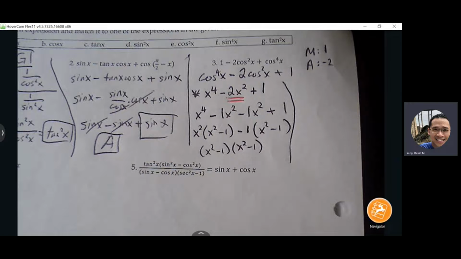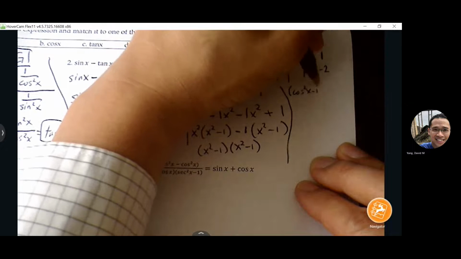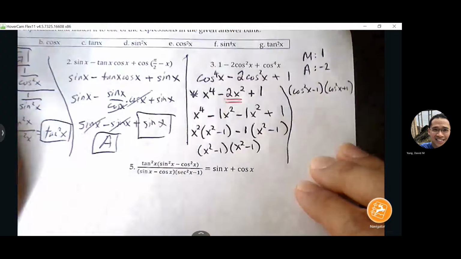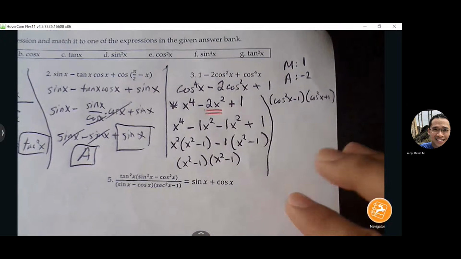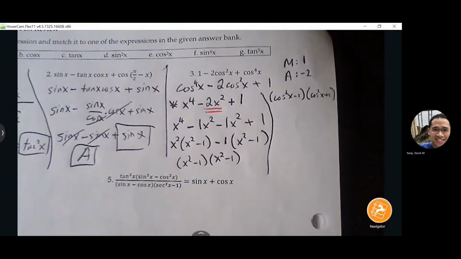Okay, but my variable is not really x, right? My variable is cosine. Oh, sorry, they're both -1 here.